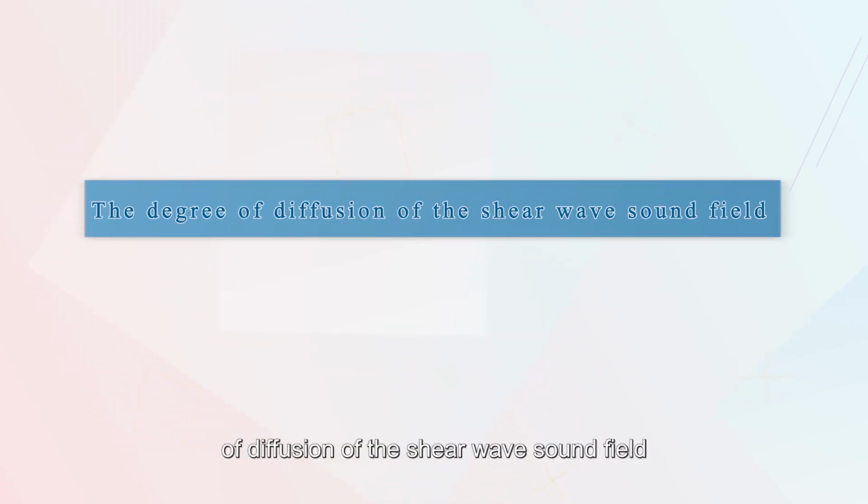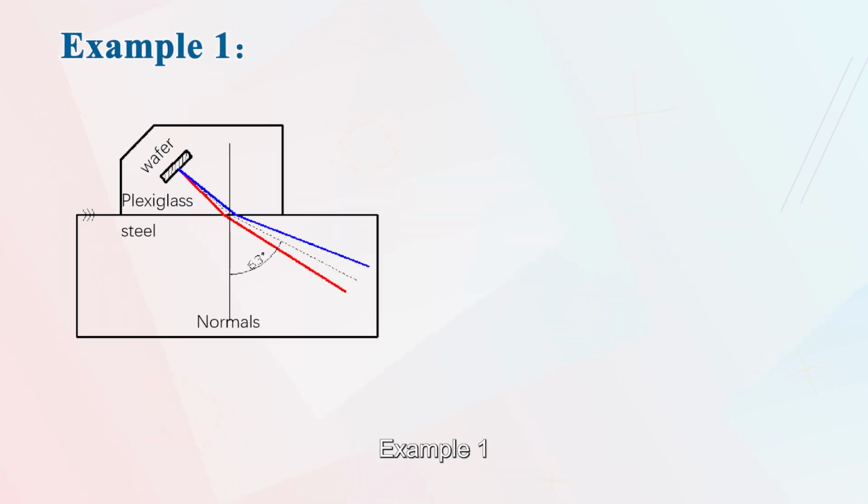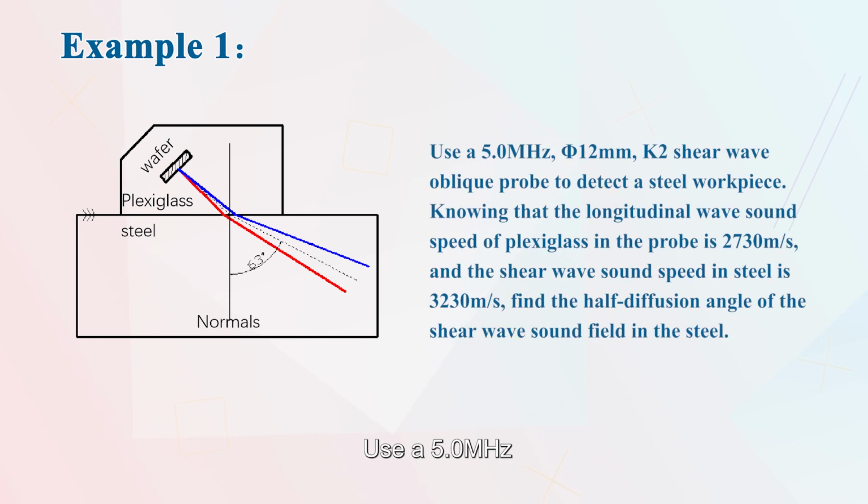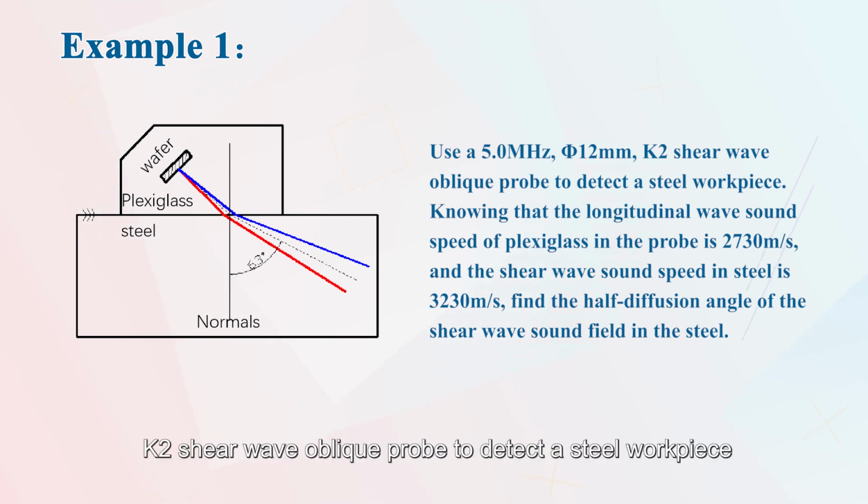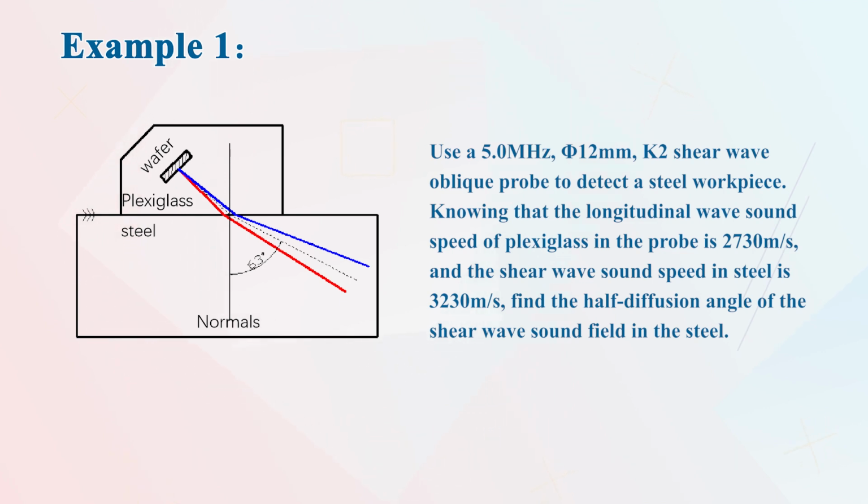Taking an example to analyze the degree of diffusion of the shear wave sound field. Example 1. Use a 5.0 MHz phi 12 mm K2 shear wave oblique probe to detect a steel workpiece.